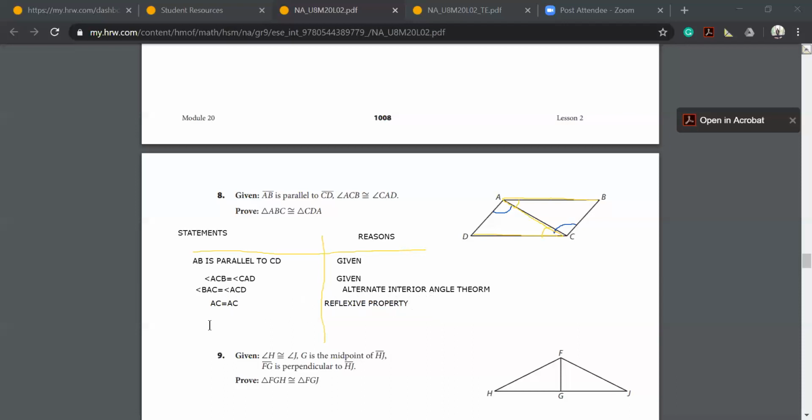So I can tell him that triangle ABC is congruent to triangle CDA using the ASA triangle congruence theorem.